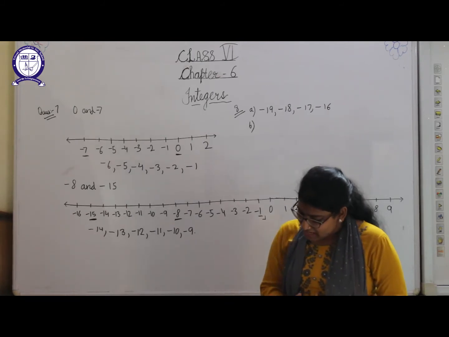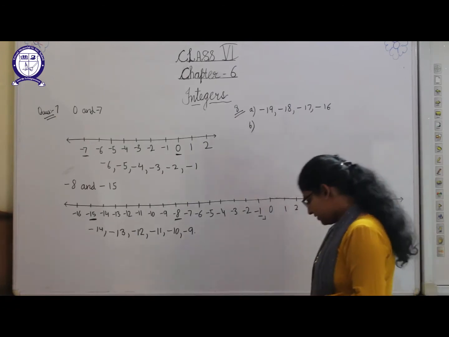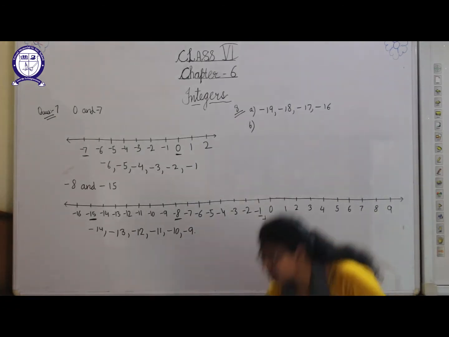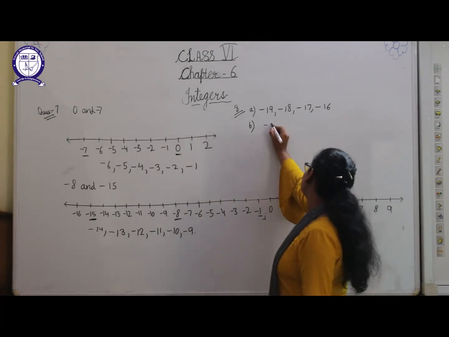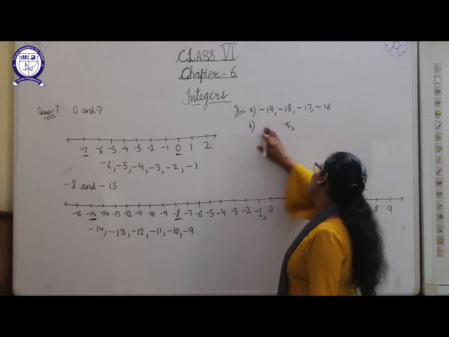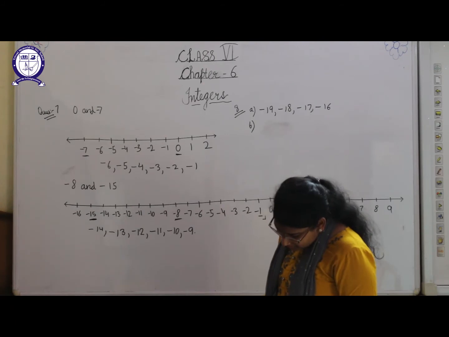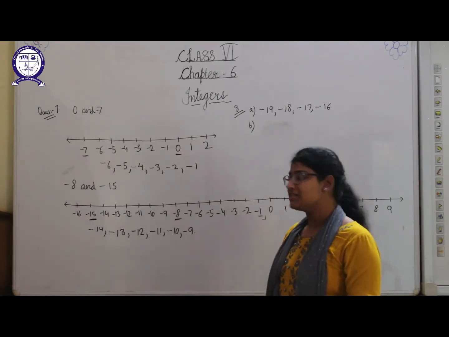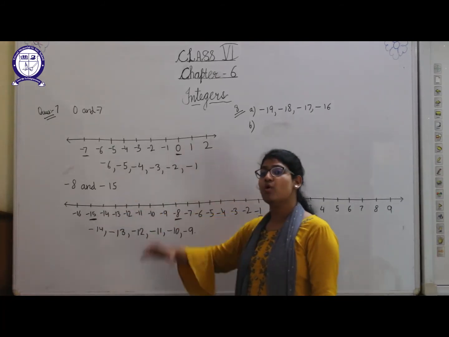Now B part is write 4 integers less than minus 10. What will be the integers greater than minus 10? Minus 9, minus 8. Sorry, smaller, we have to write the smaller integers. Smaller means less than minus 10, so we will start going towards the left because we have to write smaller.